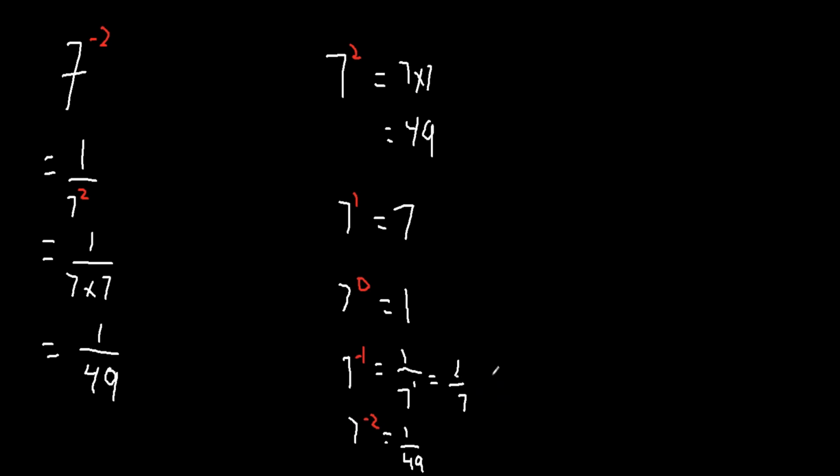Now if we divide this by 7, that's 1 over 7 divided by 7, which equals 1/7 times 1/7, which equals 1 over 7 squared. If we remember, 1 over 7 squared is just like our step here, and that's going to give us 1 over 49.